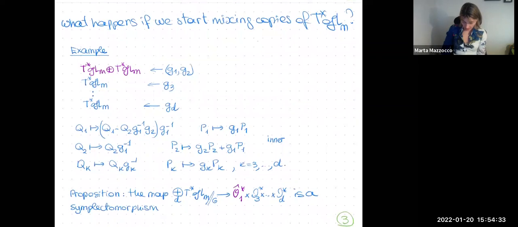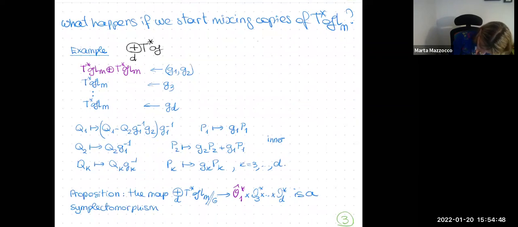So now I would like to, instead, take the same object as before. Again, I'm taking my universal phase space, which is still the same object as before: D copies of the cotangent bundle. But now I want to act by mixing two of the copies of this T star GLM. I'm still taking a bunch of G's.